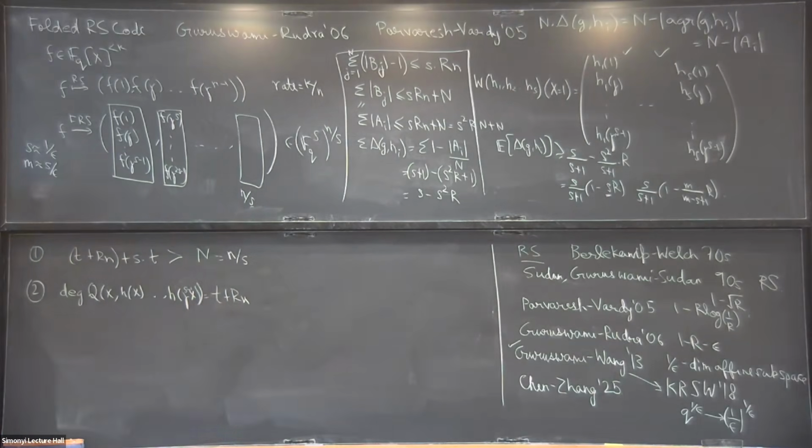If I get more zeros than the degree, I know that this has to be 0. How many zeros do I get? Well, it depends on the agreement between G and H.